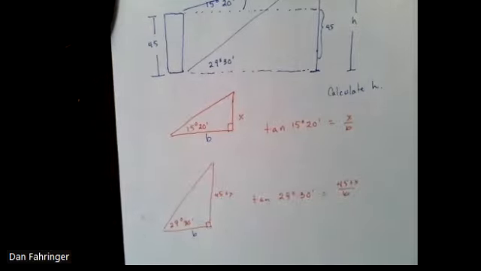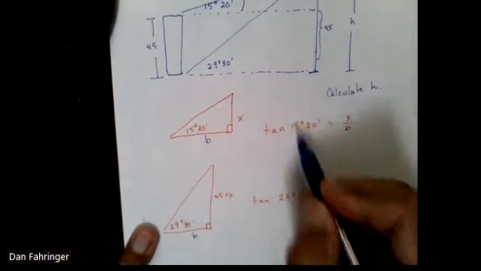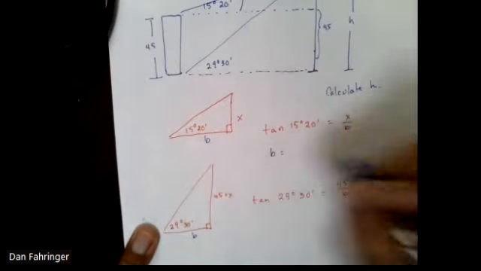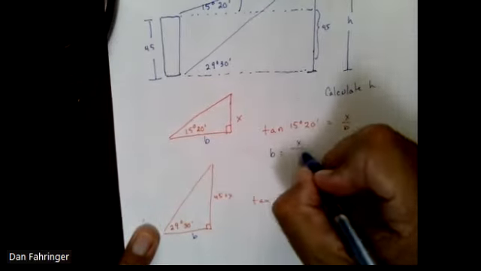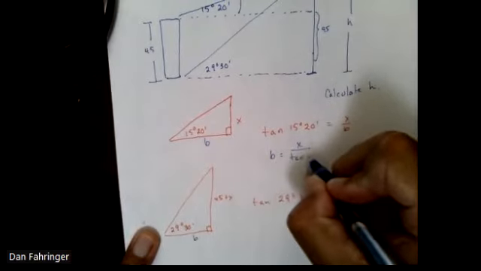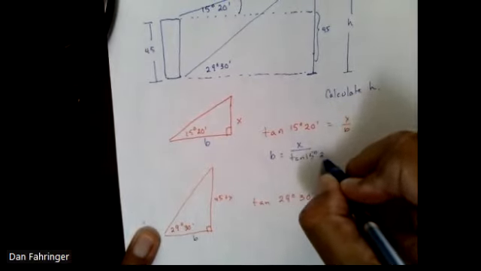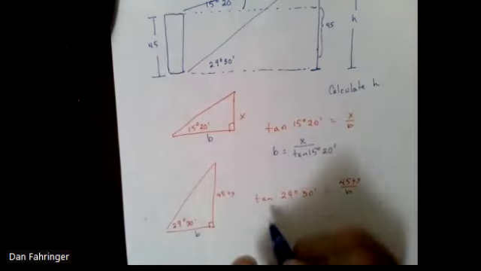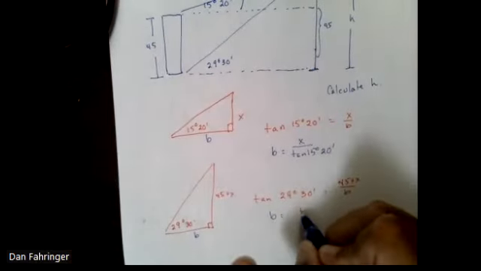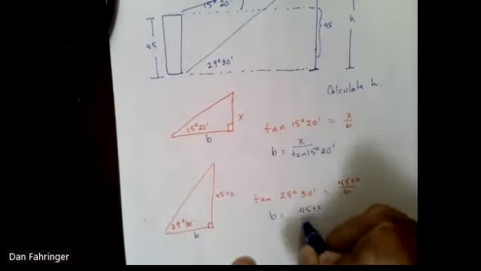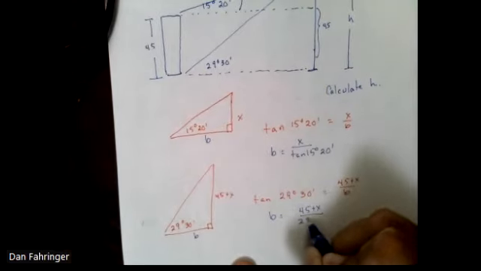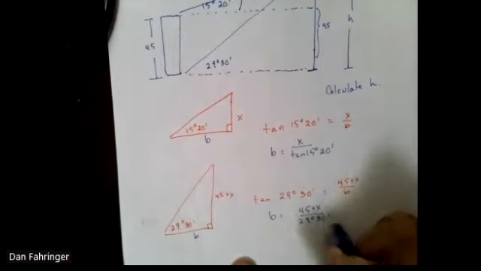Okay, so here's what I'm going to do. I'm going to bring the B and make this look something like B equals X over tangent of 15 degrees, 20 minutes. Same thing here. I'm going to say B equals 45 plus X over tangent of 29 degrees, 30 minutes.